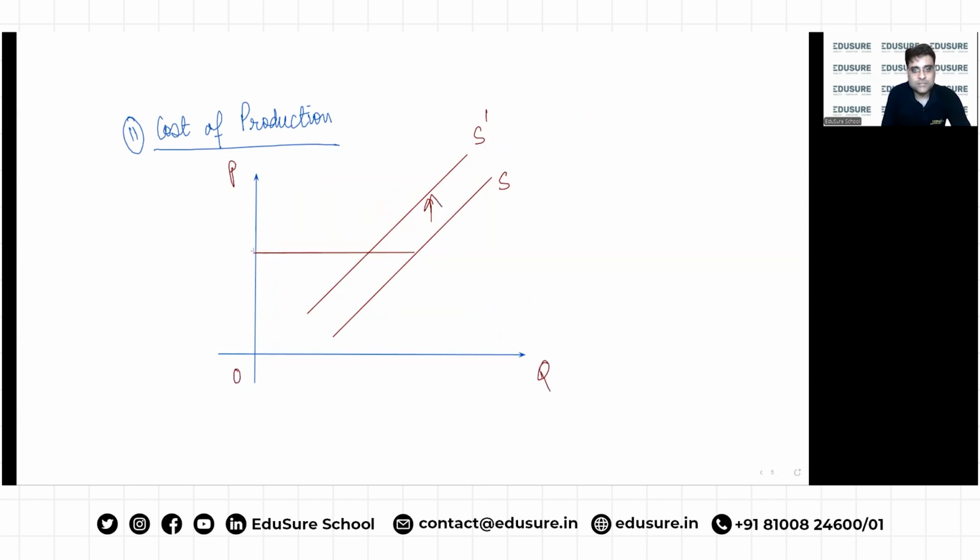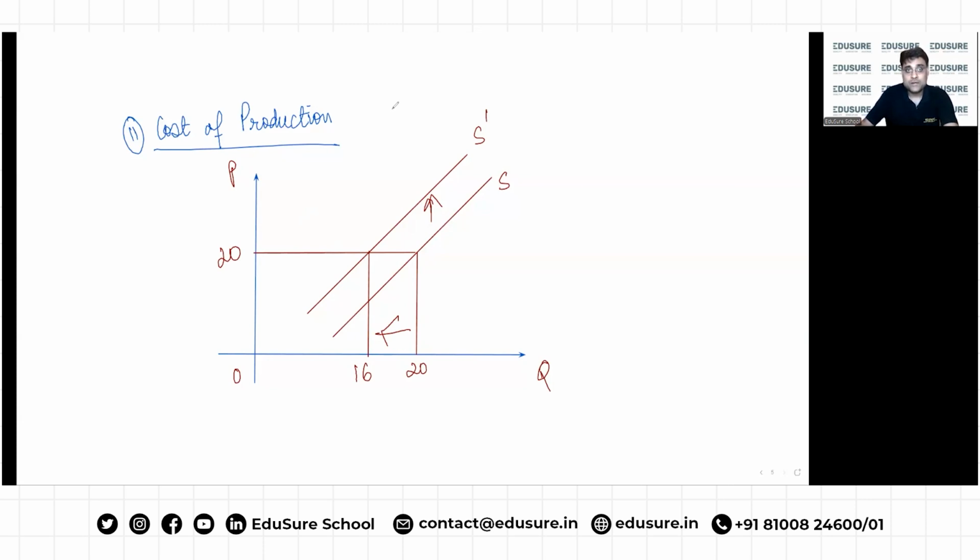At the same price, the quantity that it is willing to supply is going down. Let's say it goes down from 20 to 60. That's a shift in the supply curve, and that happens because the cost of production has increased. An example would be an increase in the input prices.